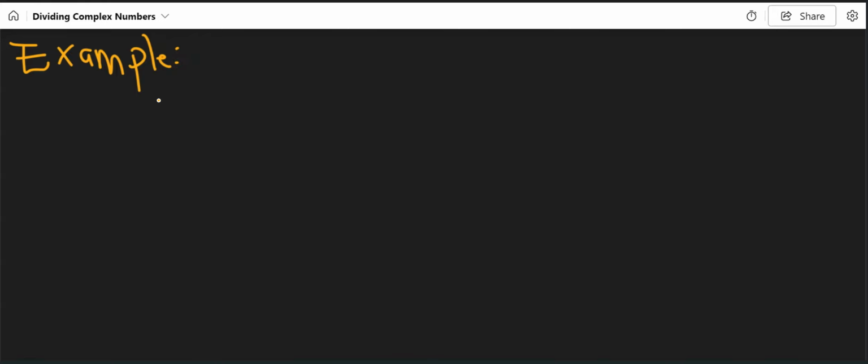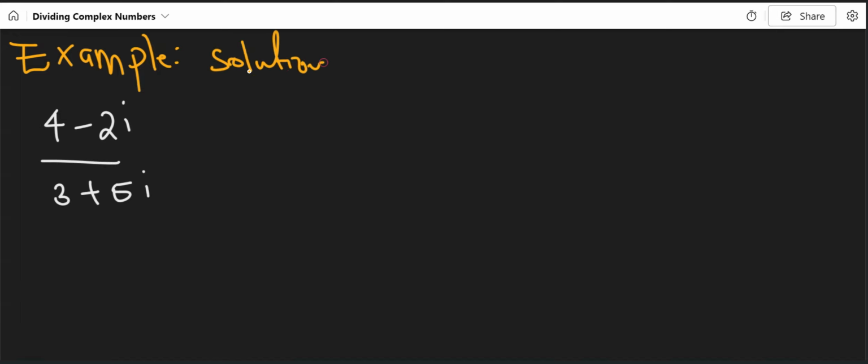The first example: we've been given the question 4 minus 2i all over 3 plus 5i. The solution: the first thing is to multiply by the conjugate. What is our conjugate?